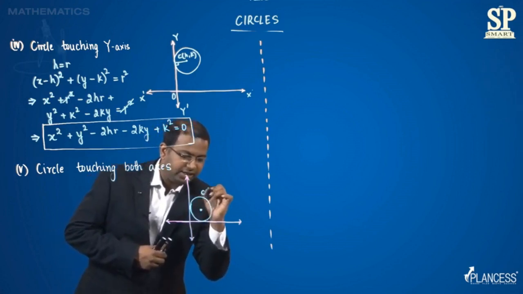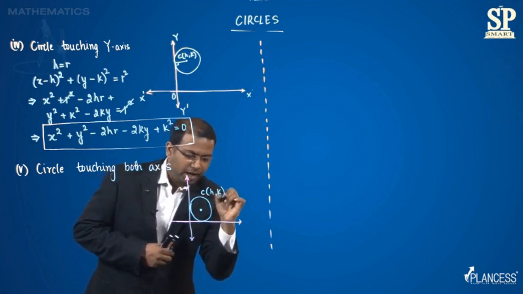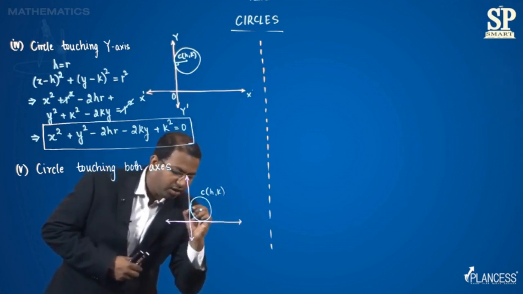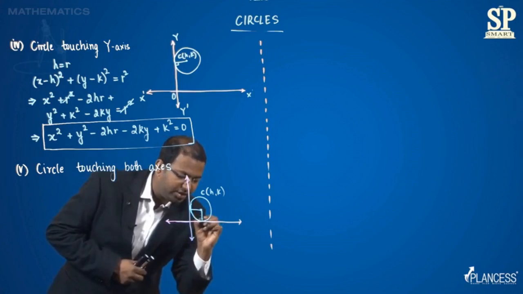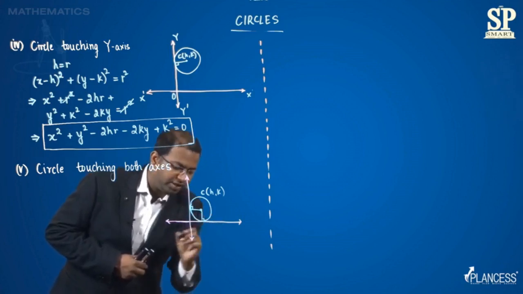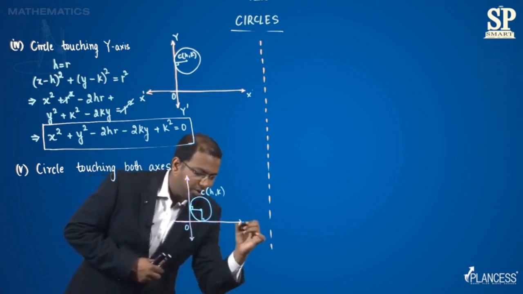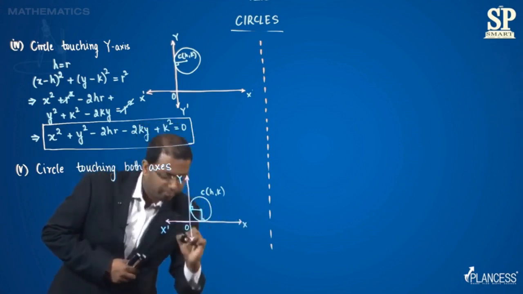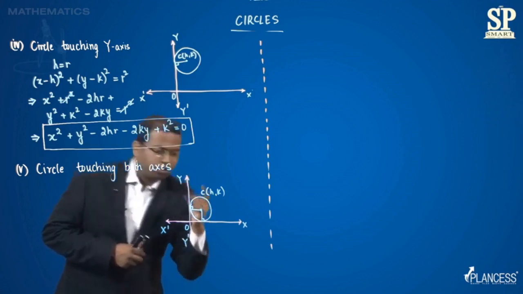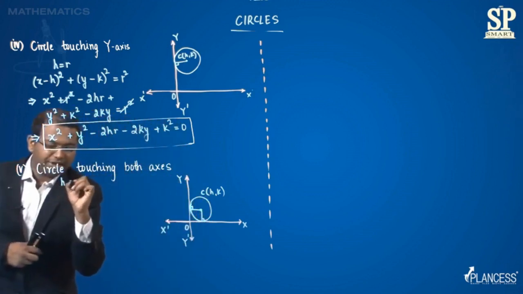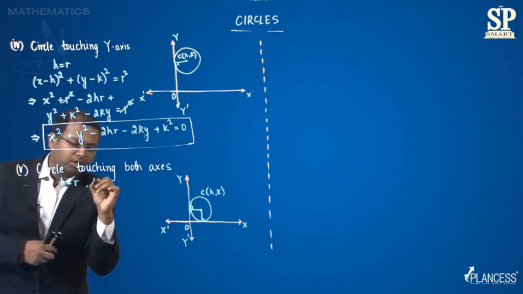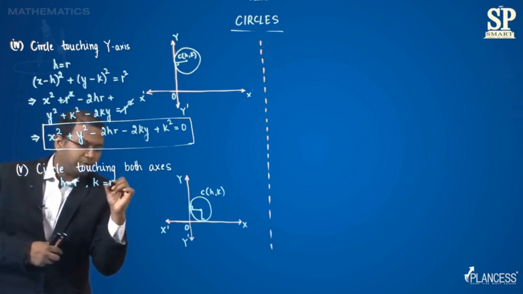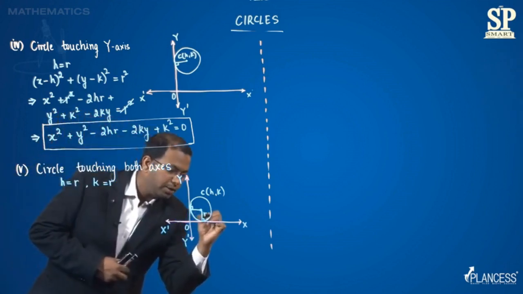Again, let us say the center is C, h, k, and if the radius is r, this distance and this distance, which is the perpendicular distance from the axis, will also be r. So here we have h equal to r, and k will also be equal to r.